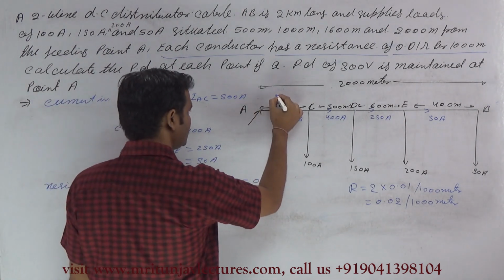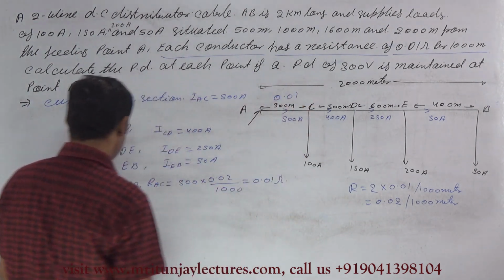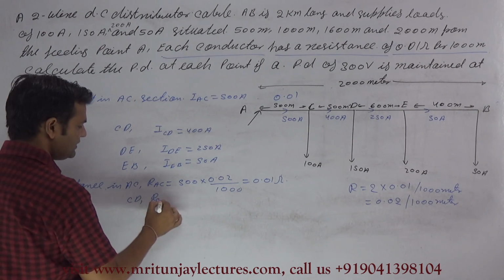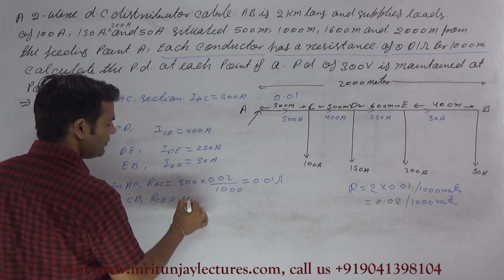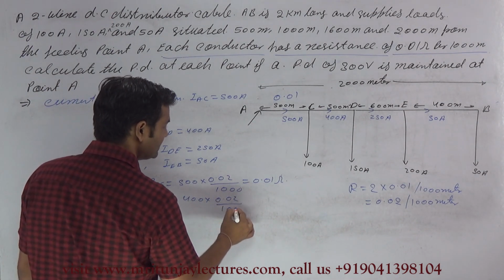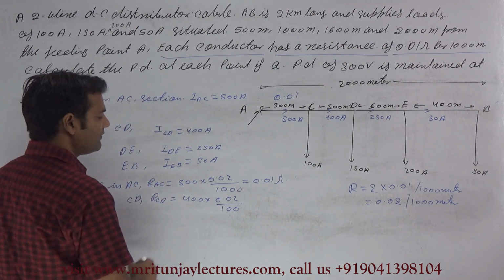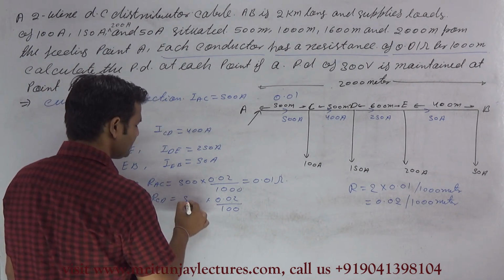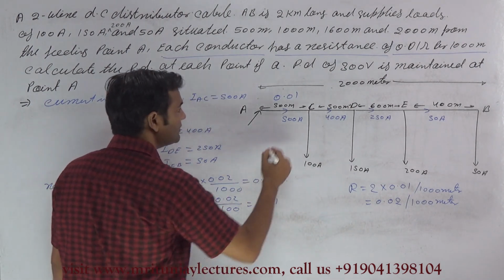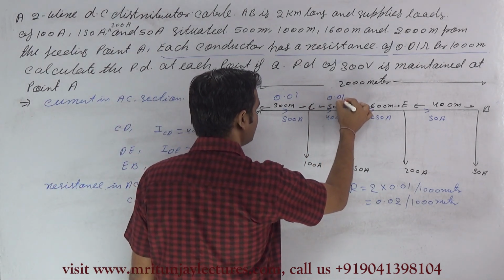Next, R of CD is 500 into 0.02 divided by 1000, which is the same, 0.01 ohm.